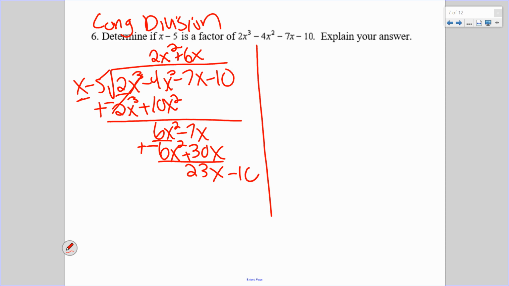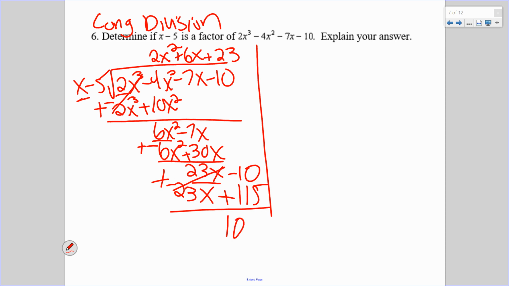Bring down. Divide. Multiply. 23x minus 115. Subtract. Keep, change. Cancels. 105. Nothing left to bring down. So we have plus 105 over x minus 5.